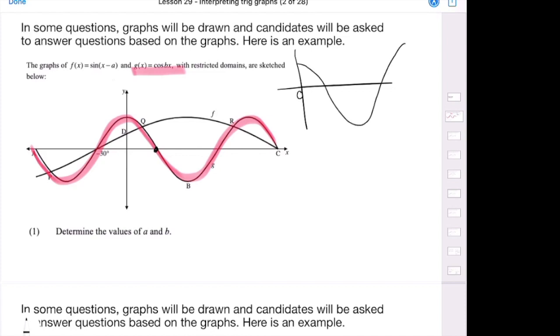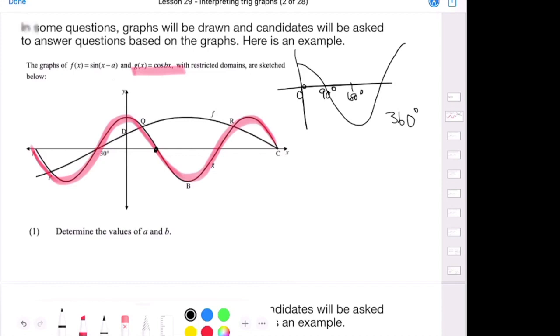It looks like that, where that is 0 degrees there, and that is 90 degrees there, and so on. Now, because we are looking for b, which is the coefficient of x, we need to make use of the period of the graph. We said the period of cosine x will be 360 degrees.